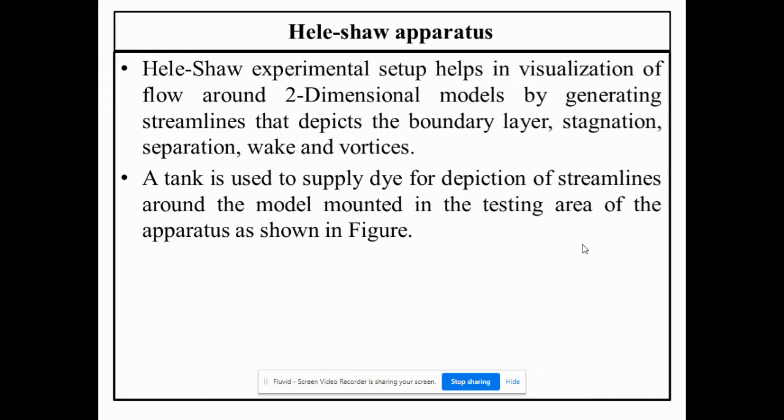We can understand how far the boundary layer is being influenced, where the stagnation points are, where the separation is, and how strong the wake and its vortices are. So the main objective of the experiment is to understand the following: the boundary layer thickness, the stagnation point, separation point, wake, and its vortices.